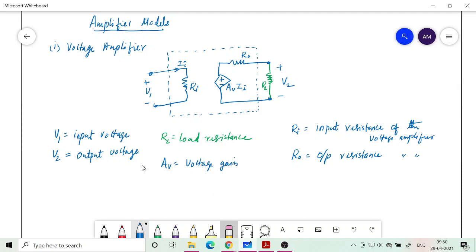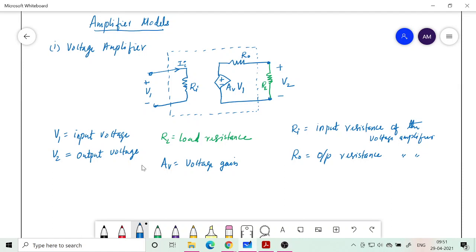Okay, so I have drawn this incorrectly. It should be V1. Then only I can call it voltage gain. Okay, so whatever is the V1, we have a scaled version of V1. There is a voltage source which is producing a scaled version of the input voltage, that is AV into that input voltage.